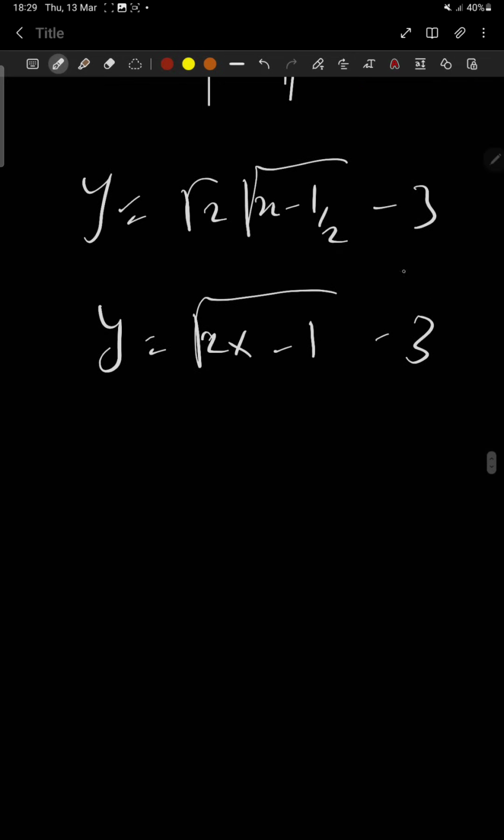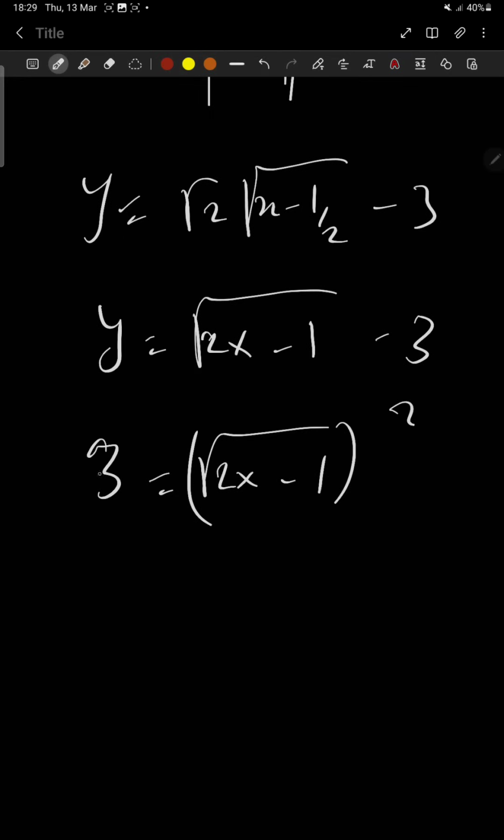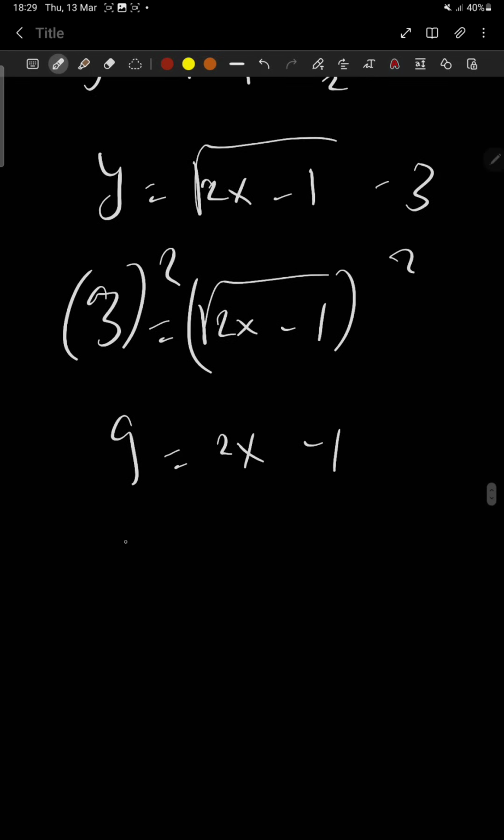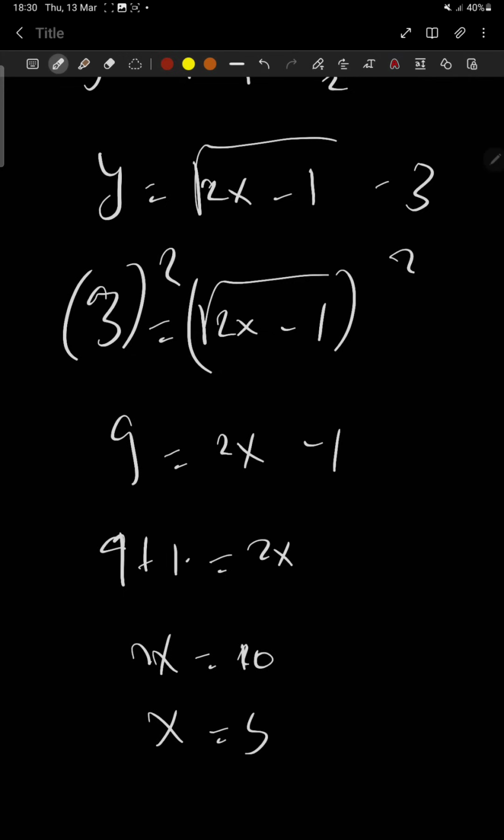So let's solve for x. This one will go the other side, then square, so this will be 9 equals 2x minus 1. So 9 plus 1 equals 2x. So 2x equals 10, so x equals 5.